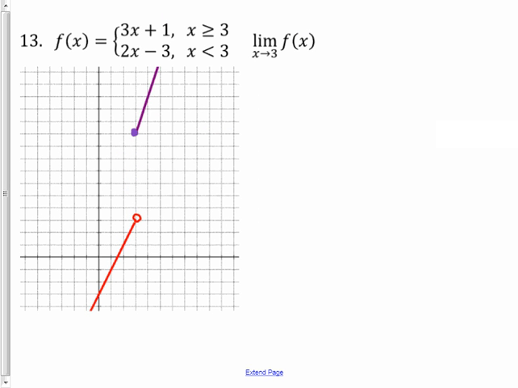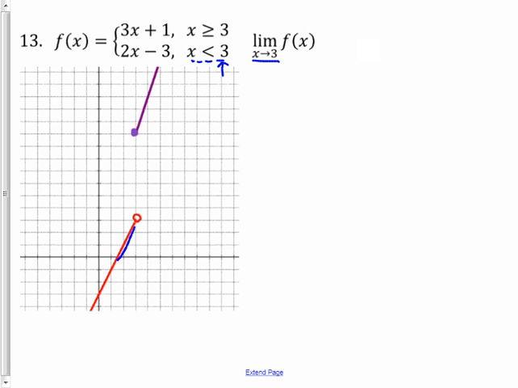Moving on, for a piecewise function here, 13, f of x equals 3x plus 1 when x is greater than or equal to 3 and equals 2x minus 3 when x is less than 3. Okay, so in this case, x approaches 3. So on the left side, you would still look at this one on the bottom. We would still look at the left side.